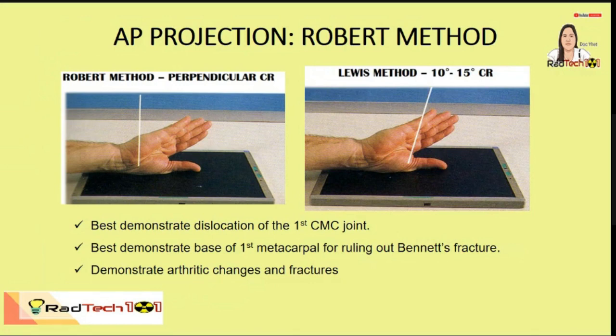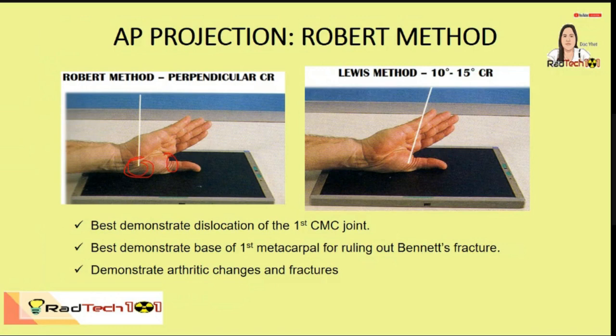So to continue, so AP projection kay Robert, ito siya perpendicular to the first CMC joint, CMC or the carpometacarpal joint. So yung ating sa thumb is first MCP, dito siya. Ito sa CMC, dito naman sa first CMC joint. So kay Long and Raffert, 15 degrees ang recommended. Kay Lewis, 10 to 15 degrees na central ray. Okay?